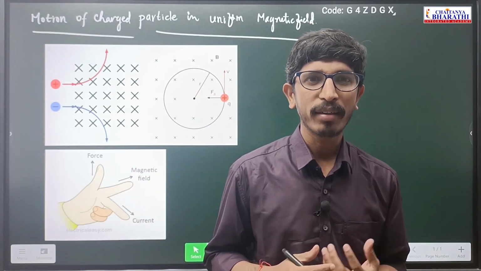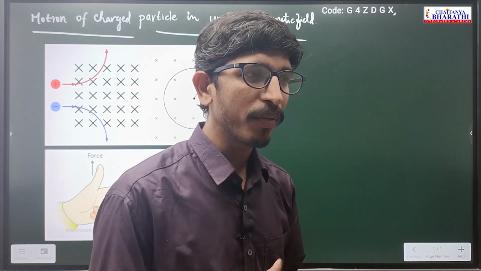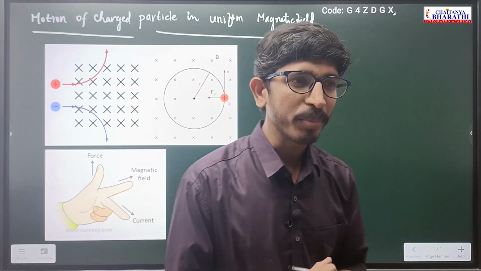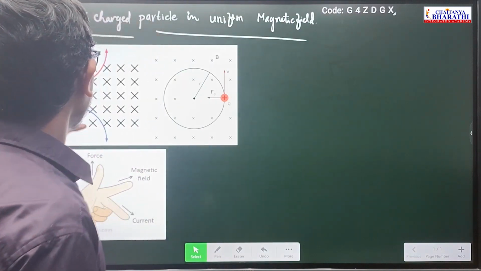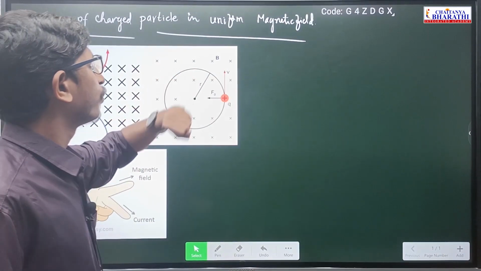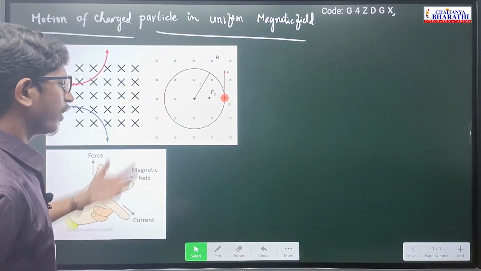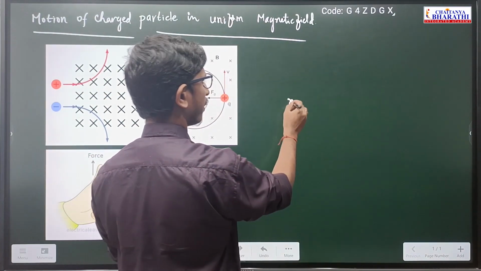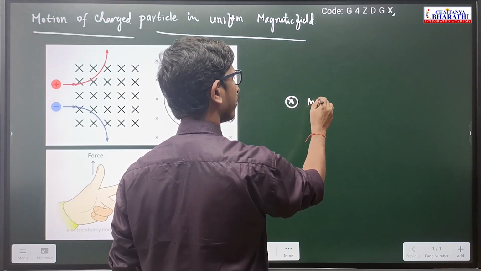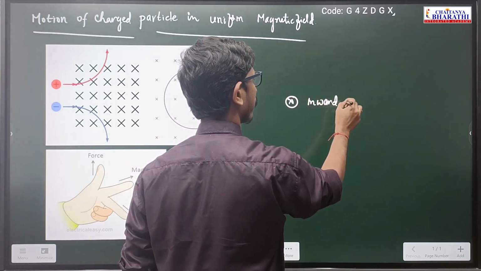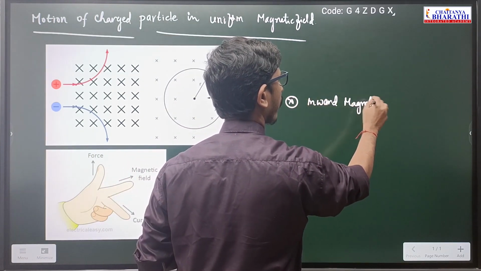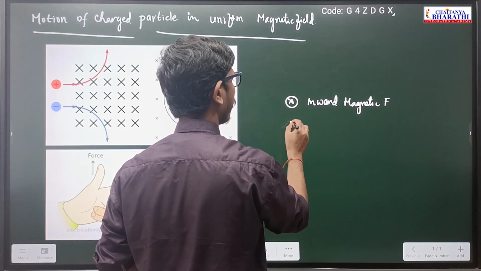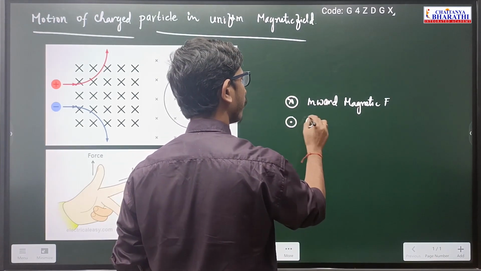We will understand that concept in a detailed way, and we will even solve a couple of questions based on that concept. So let's understand the motion of a charged particle in a uniform magnetic field. If you take the magnetic field here as inward, this represents an inward magnetic field, or this is an outward magnetic field.